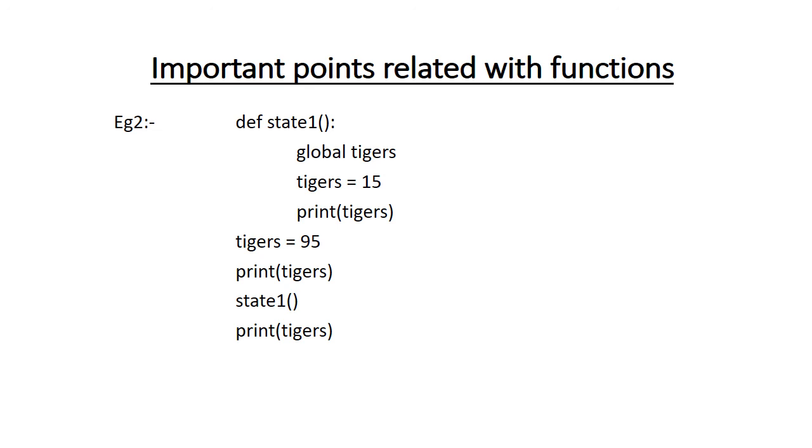Since tigase is global, that 15 will be affected everywhere, not only within the function. Now print tigase. It will print the value 15. Now coming back to the main program, the last statement is print tigase. So which value will it print, 95 or 15? It will print the value 15. That means in this program the output will be 95, 15, 15.